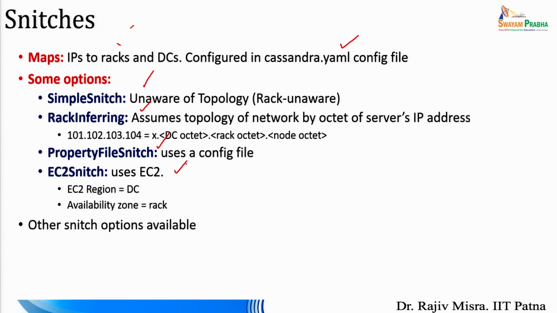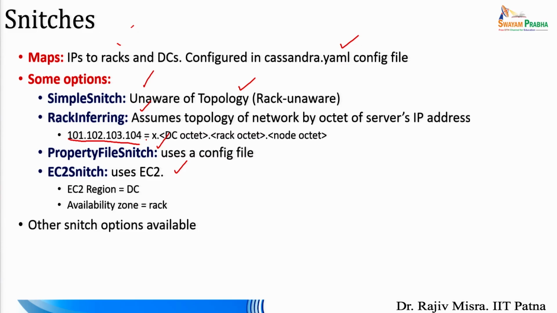So, when you say a simple snitch, that is unaware of the topology, that is rack unaware topology is being used. Rack inferring, that is assuming the topology of the network by the octet of the server's IP address. So, take this example of an IP address 101.102.103.104.